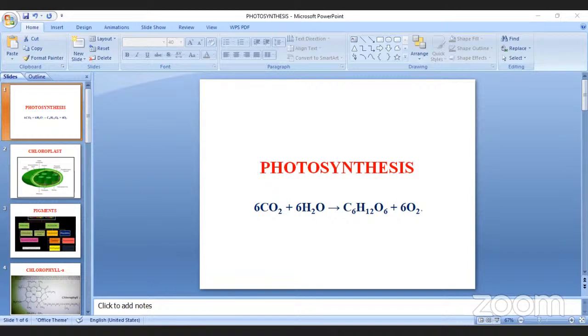Photosynthesis mainly depends on atmospheric carbon dioxide and water molecules in the presence of chlorophyll and sunlight.